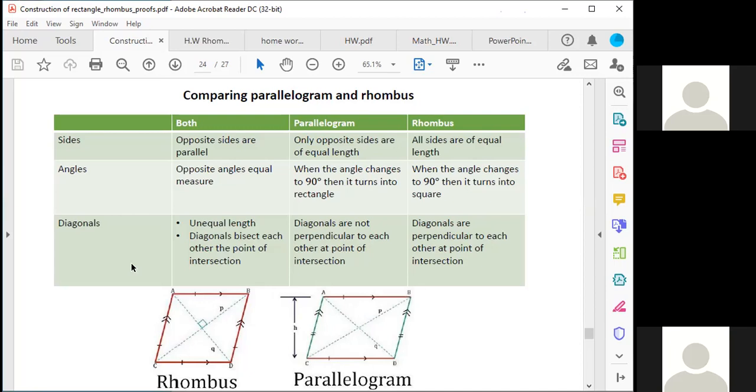Okay. So what you need to say here, for rhombus, it's fine. All sides are of equal length. In case of parallelogram, you cannot say only opposite sides are of equal length. Just remove the only and you are good. And if you look at both, you should notice that it will be identical to what you have written for parallelogram.